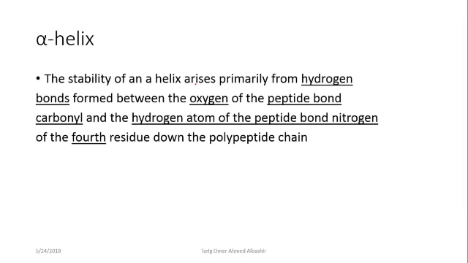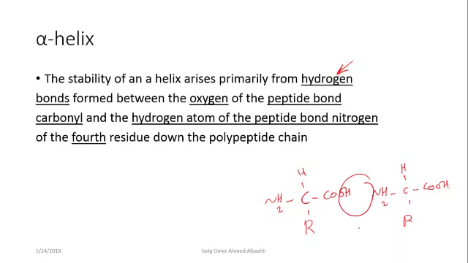For example, the stability of an alpha helix arises primarily from hydrogen bonds. The important thing here is that the hydrogen bonds are formed between the oxygen and the hydrogen of the polypeptide backbone. If this is the structure of the amino acid, this is the R group. When we form the peptide bond with another amino acid, of course coming from another amino acid, we lose an H2O molecule, a water molecule, during the formation of the peptide bond.